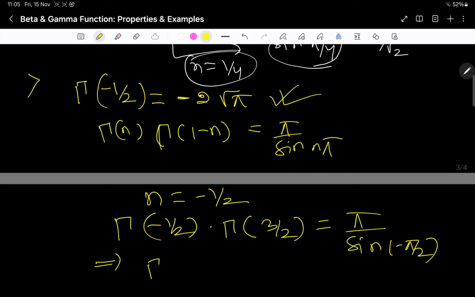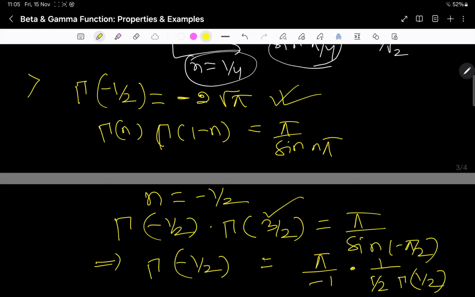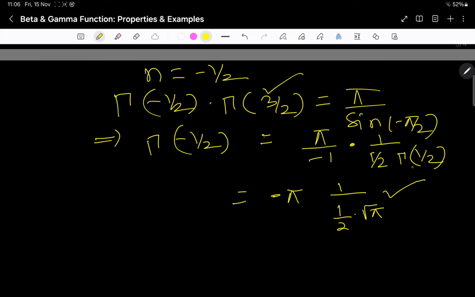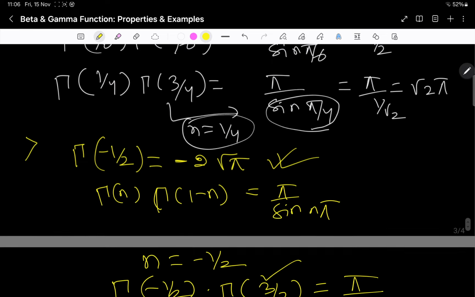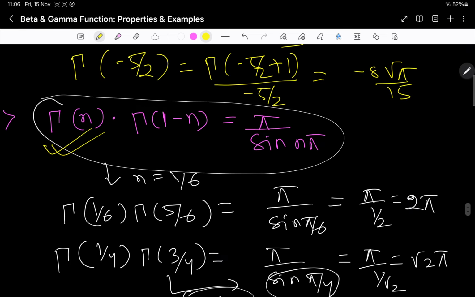So gamma of minus half, the gamma 3 by 2 will come to the right hand side. It is pi by sine of minus theta, which is minus sine theta, so it is minus 1, into 1 by gamma of 3 by 2, which is half gamma of half. If you simplify it, gamma half is root pi. So this comes to the numerator: minus 2 pi root pi, root pi cancelled. So it is minus 2 root pi. So this property is okay then.